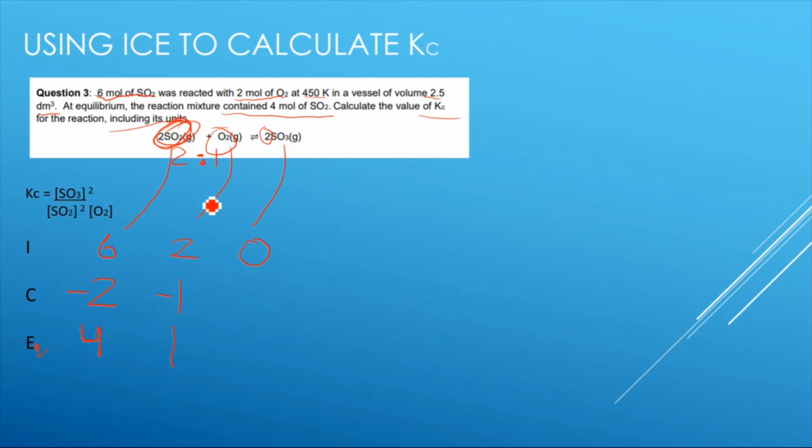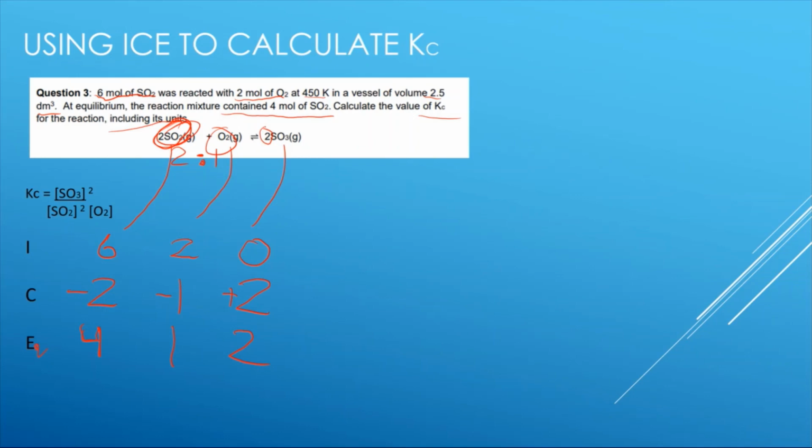And the proportion between SO2 and SO3 is a 1-to-1 ratio, because there's 2 moles on both of them. So we know that the products would gain 2 moles. So the reactants would be losing moles, and the products would be gaining those moles. So we know from 0 to 2, so this has 2 moles.